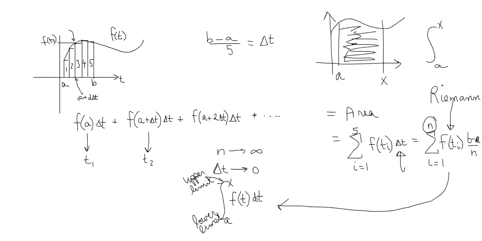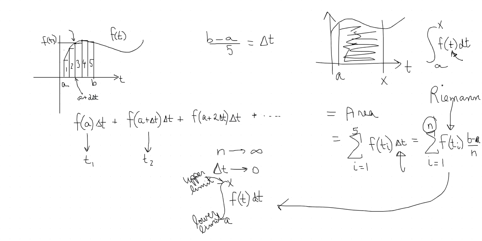Now it's important to note that the x variable is on the t-axis, but it is different than the t variables that are being specified here. The x variable represents the specific endpoint, the upper limit as we've understood it, for my area function here.